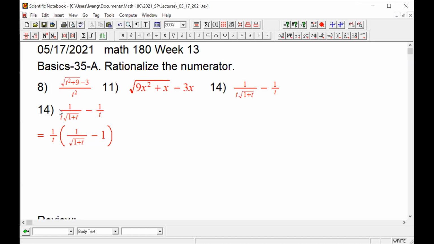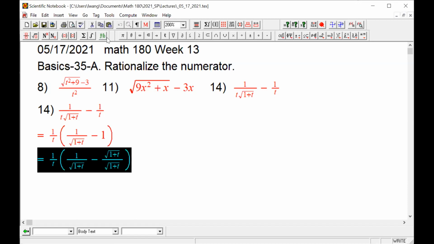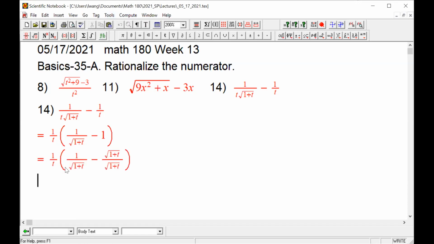If I recognize there's a common factor, I will factor it. That will make my life much simpler. And I'm going to use the common denominator here. This is not the only way to do it. When you do algebra, you want to always have another way to do it. Almost always. So I get the common denominator.